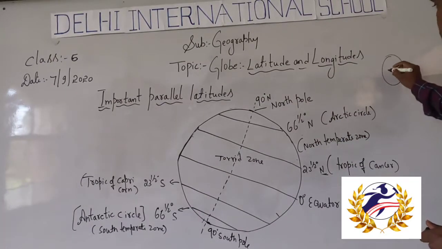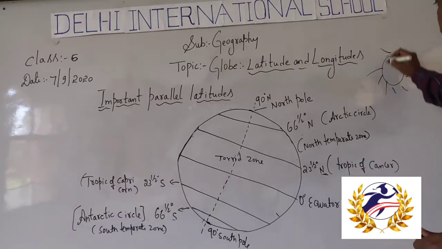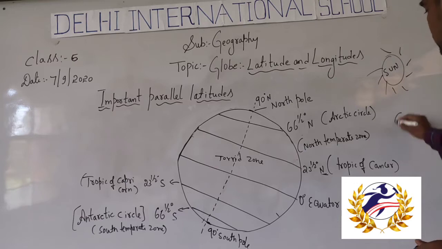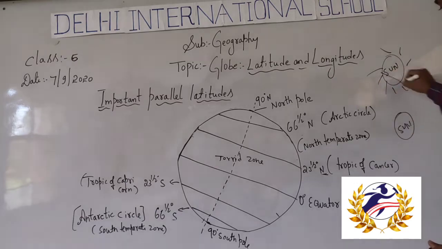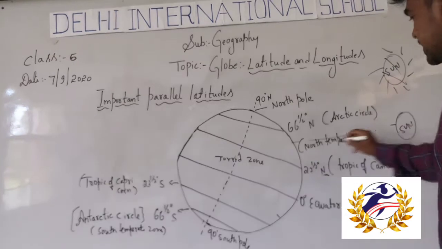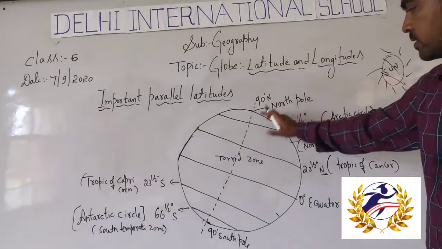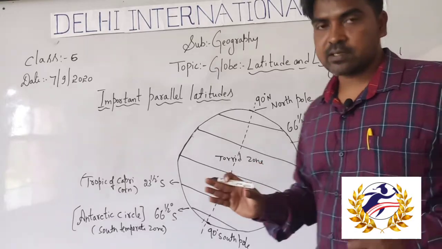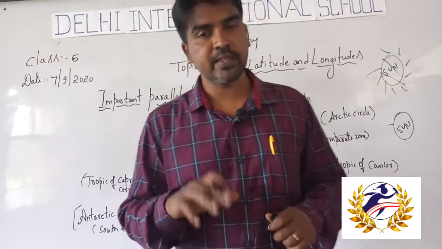For example, this is the sun, the nearest star to the earth. The sun rays, I will draw here, do not reach the earth directly in some regions. It depends on the tilted axis, and the rotation and revolution. Regarding this, we will discuss in the next class.